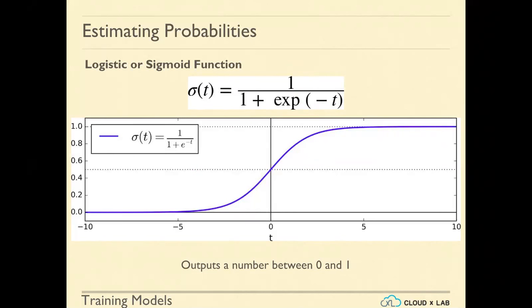Now, the question is, what other functions did we have? What other techniques did we have that could convert any value into something between 0 and 1? One was the standardization technique, right? We find min and max, and then we divide each value by the delta of min and max, and so on. That also would convert any number into something between 0 and 1, but that one required computation of min and max, correct?